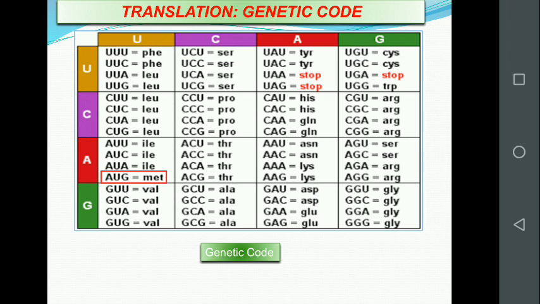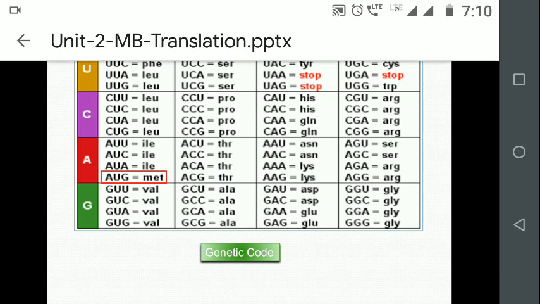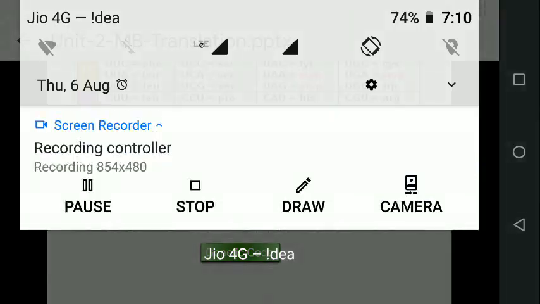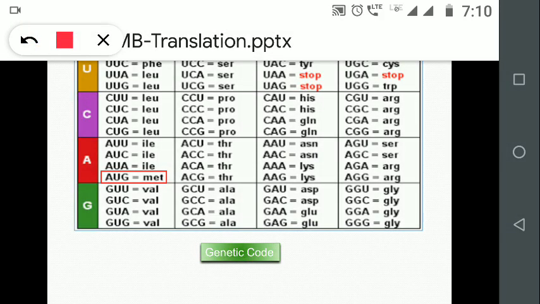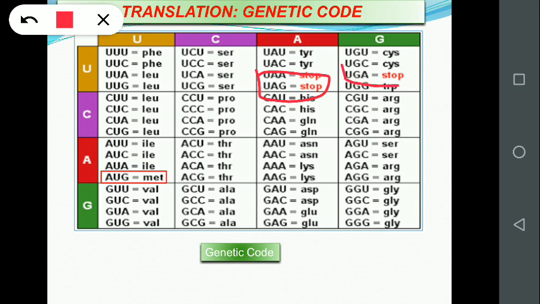So we have 64 combinations of codons or code words to specify 20 amino acids, and out of these 64 codons, 3 codons, UAA, UAG and UGA, are the stop codons that won't specify any amino acids, and that causes termination of the translation process.